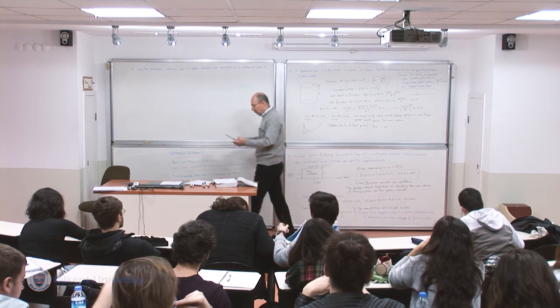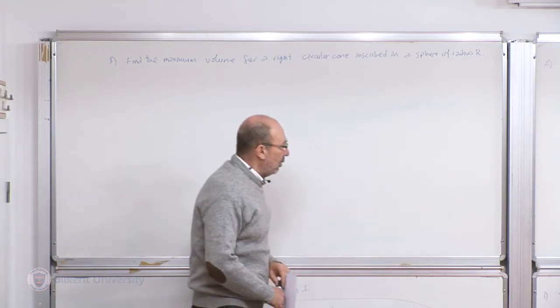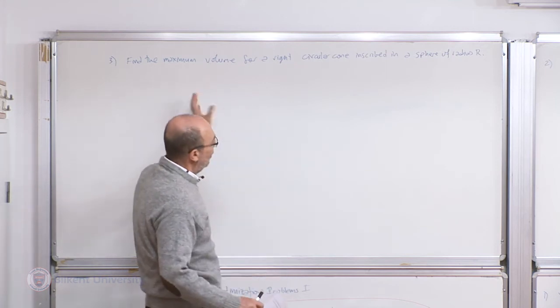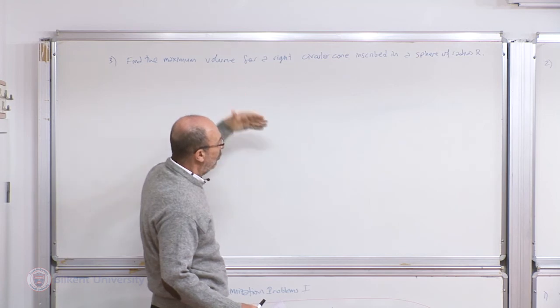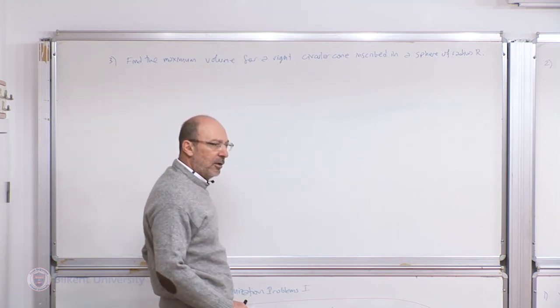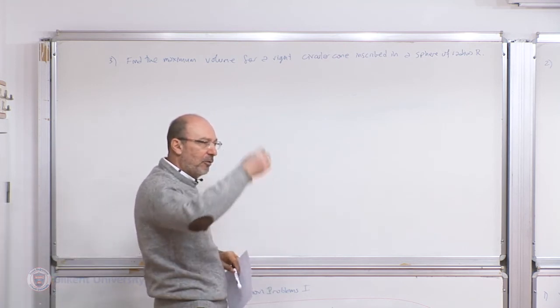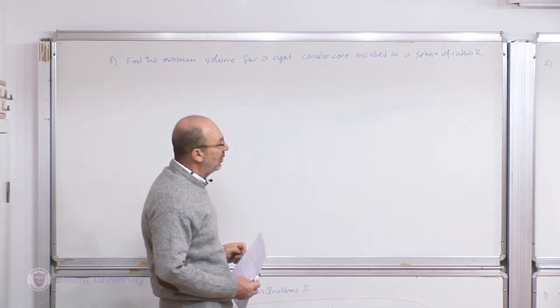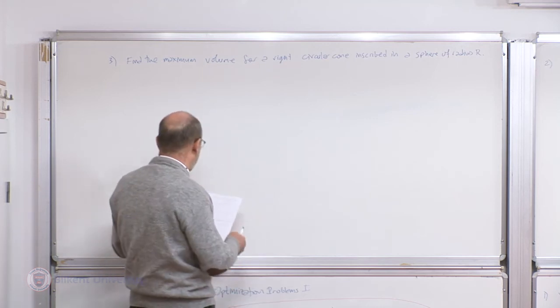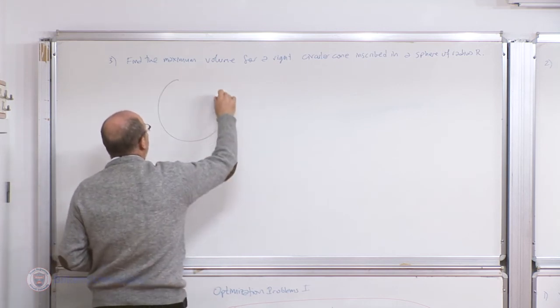Okay, let's see how we approach such a problem. We have a three-dimensional figure, a sphere, and inside that we have a cone. We cut it along a plane passing through the origin and North Pole and South Pole, from the tip of the cone and through the center of the sphere, and we will get a two-dimensional picture which describes this setup.